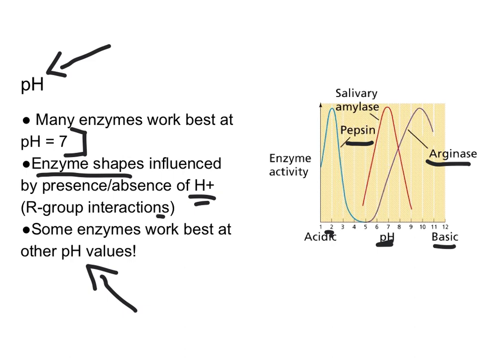And we already know that positively charged and negatively charged R groups attracting one another helps proteins to fold. So if I'm throwing a lot of charges like H+ or OH- into the mix by being in an acidic or basic environment, this is going to interrupt the attractions that help proteins to remain folded, and therefore the protein will either denature or fold into a different shape if there are lots of extra ions around.